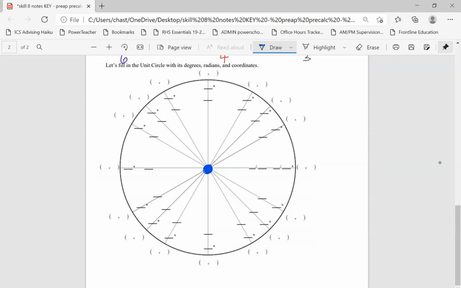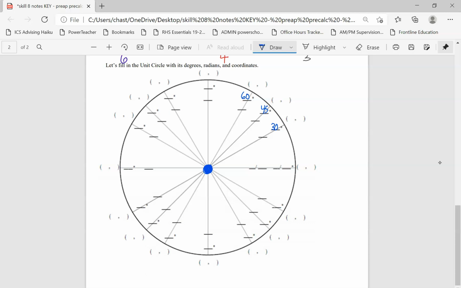So we focused on these first three at the beginning of the last video that you watched. And so what I'm going to do is copy those coordinates in here. The first one we know was 30 degrees. Then we did 45 degrees and then 60 degrees. I'm going to go ahead and put the radian version.